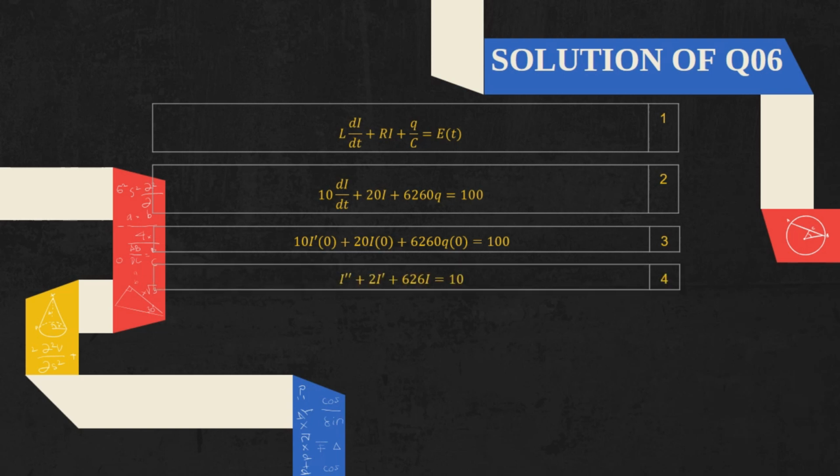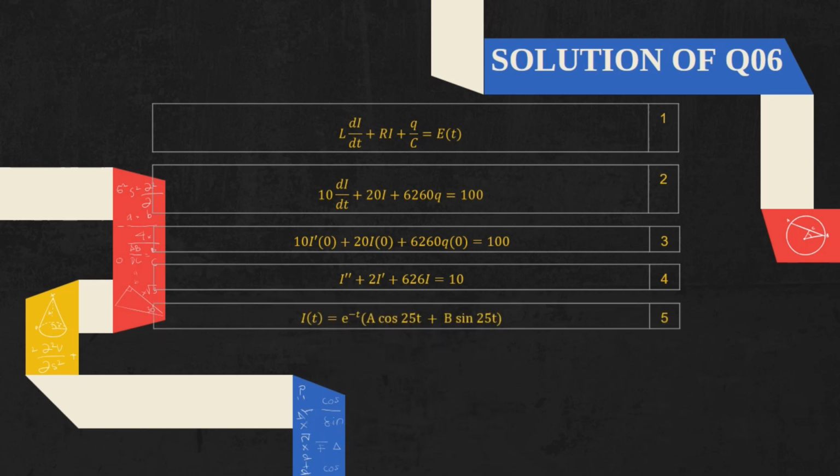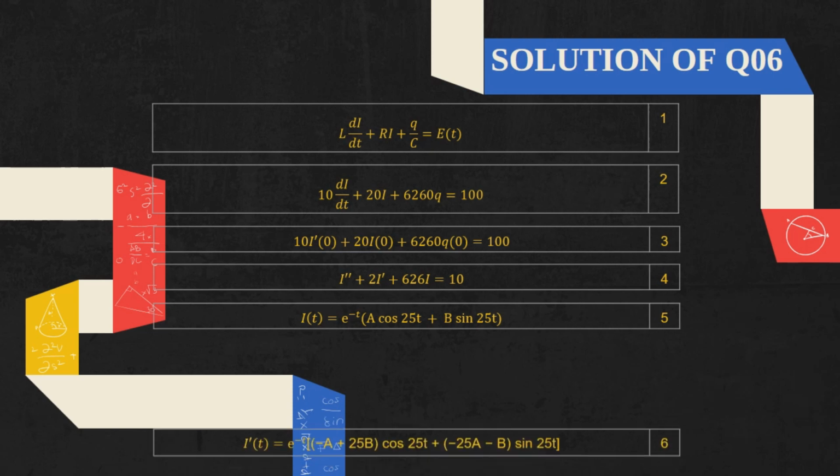Using equation 4, an auxiliary equation is attained, which is m squared plus 2m plus 626 equals 0. By using the quadratic formula, the roots of the auxiliary equation are calculated. As a result, complex roots of m equals -1 plus or minus 25i are achieved. Thus, the general solution has the following form. Then we differentiate equation 5 to attain equation 6.